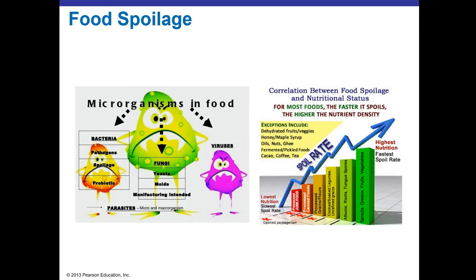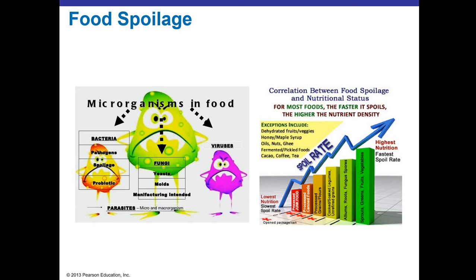We can also talk about, though, in general, the interesting relationship between microbes and food spoilage. So microorganisms, as you know, are in all of our food. There can be bacteria, fungi, even viruses. Some bacteria could be pathogenic, so we'll talk about things like Listeria monocytogenes and its issues.